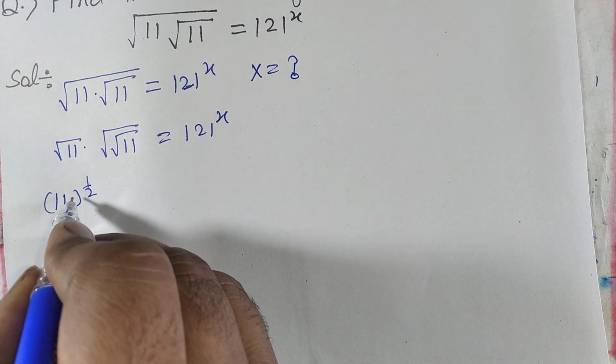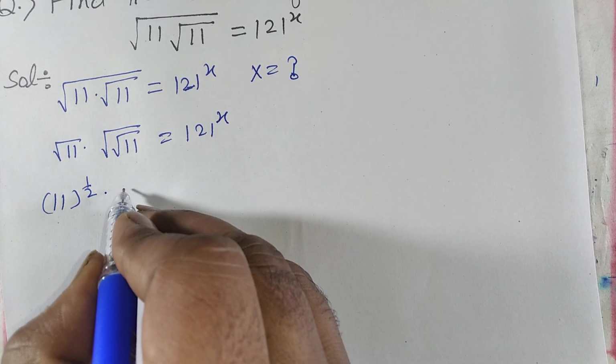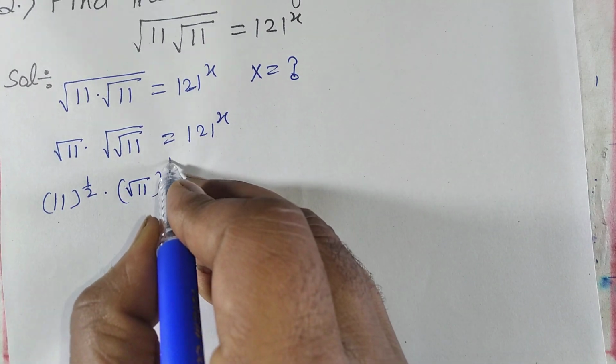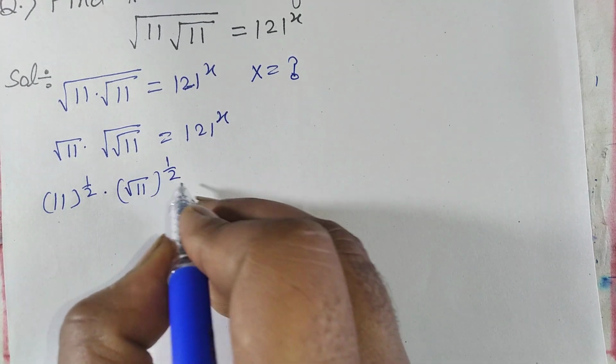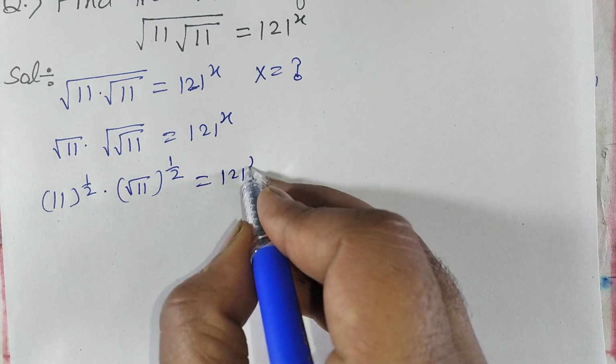So this root 11 to the power 1 by 2 into √11, this root to the power 1 by 2, we can write like this, is equal to 121 raised to the power x.